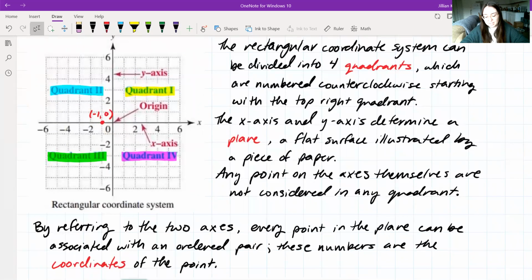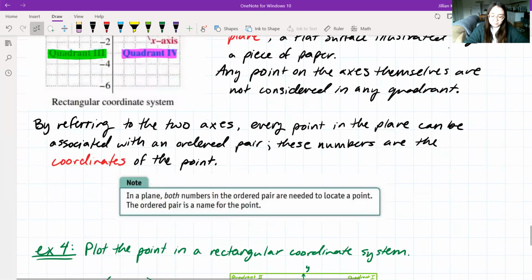So by referring to the 2 axes, every point in the plane can be associated with an ordered pair. These numbers are the coordinates of the point. So this -1, 0 that we have plotted, this is an ordered pair, which is also a coordinate. So we're saying that the ordered pair is the coordinate there.